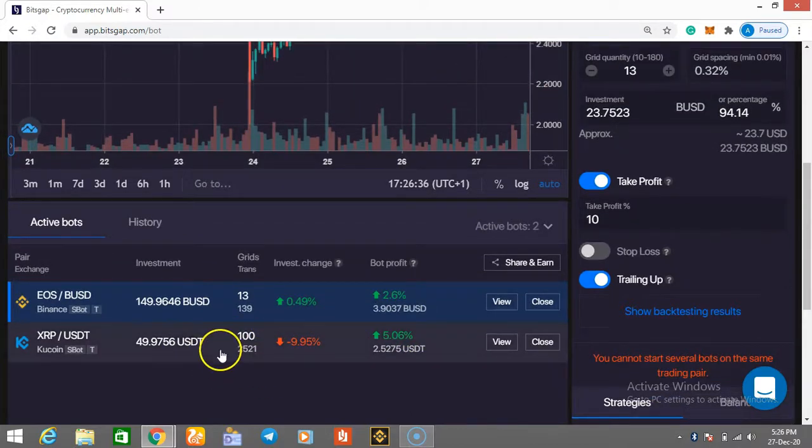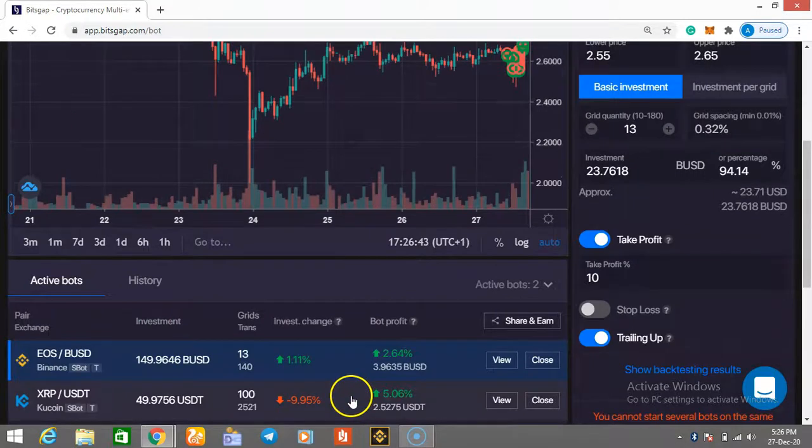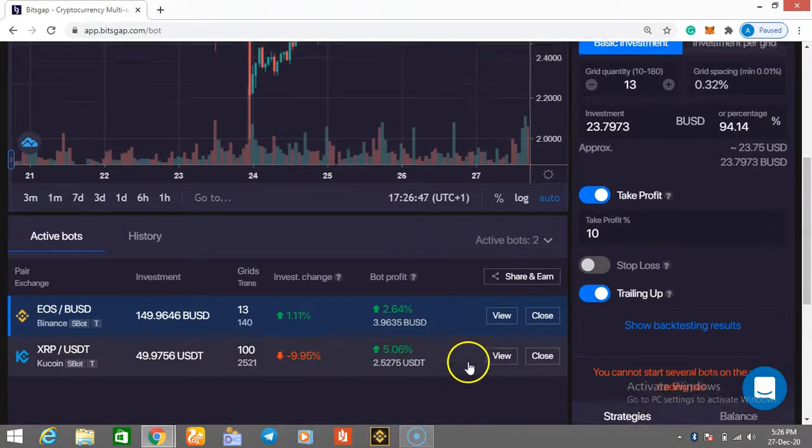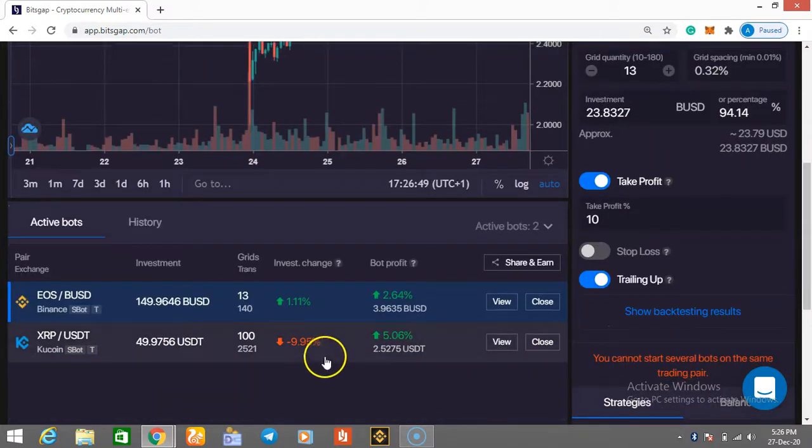I entered this trade at a reasonable price, and it is expected that once this dust is settled, XRP is going to do X2. That's the reason why I'm leaving this bot open right now. It will keep making profit as long as the price is fluctuating around my upper and lower range.